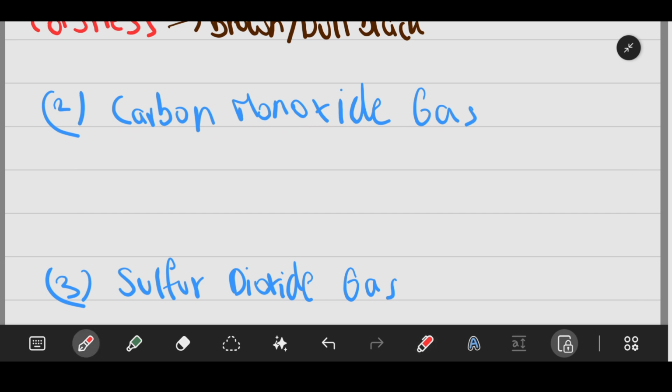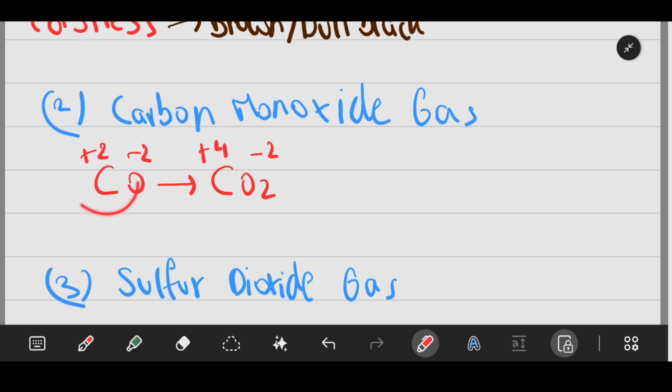Basically what happens is that carbon monoxide changes to carbon dioxide. Carbon is getting oxidized over here because it is gaining oxygen. Or if we explain this in terms of oxidation number, oxygen is a -2 over here, and -2 over here as well. Now carbon is a +2 in order to neutralize the whole compound to make it 0, and carbon is a +4 over here. So as you can see here, carbon is getting oxidized. So we can say that carbon monoxide gas is a reducing agent.